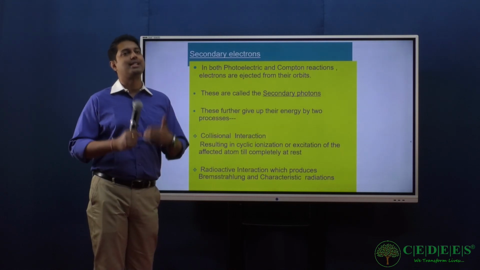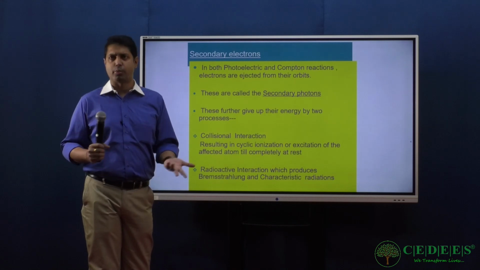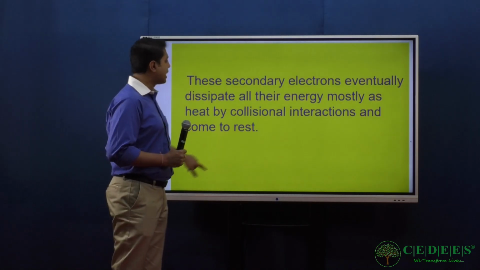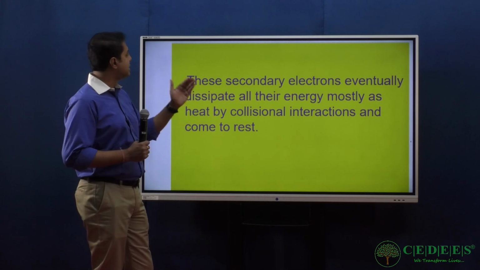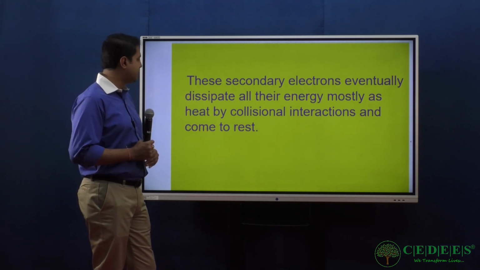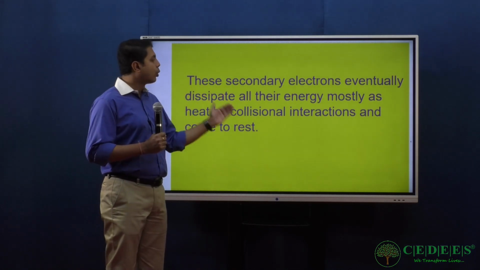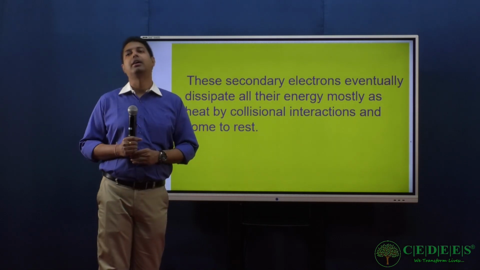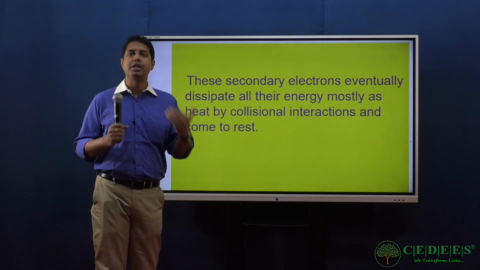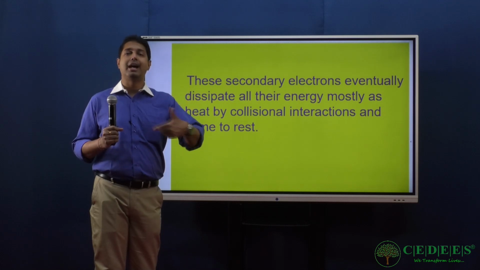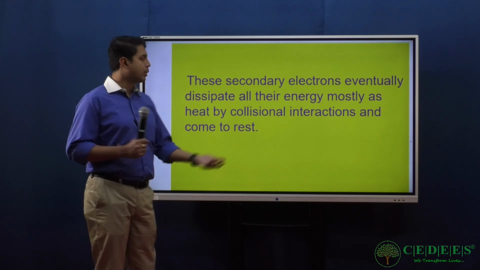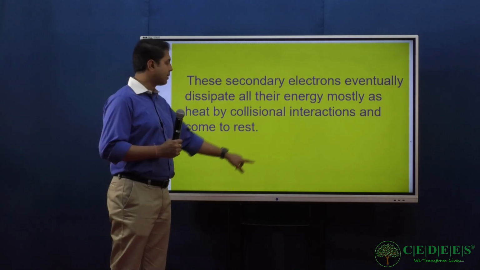That is why they are called secondary photons or secondary electrons, whatever you call them. These secondary electrons eventually dissipate all their energy, mostly as heat, by collisional interaction, and then they come to rest. Why collisional interaction? Because they are formed as a result of collision.